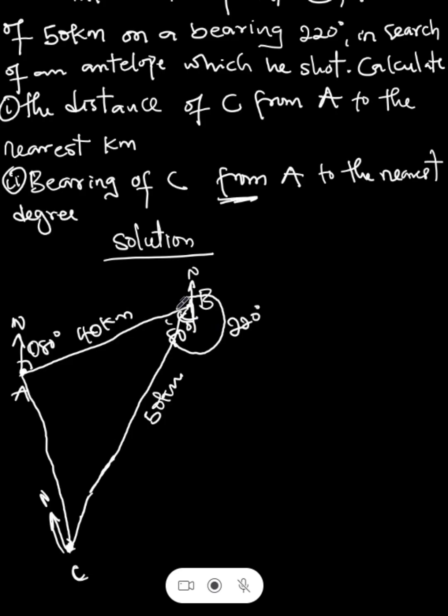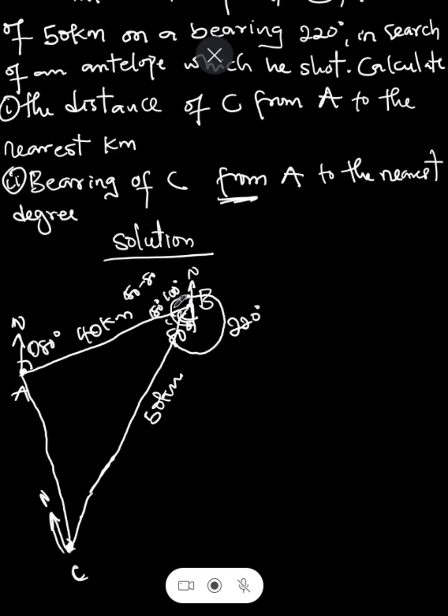Now, if this is 80 degrees, remember, from this point straight up to this point is 180 degrees, and from this point to this point is 80. We can get from this point to this point: that will be 180 minus 80, which is 100 degrees.